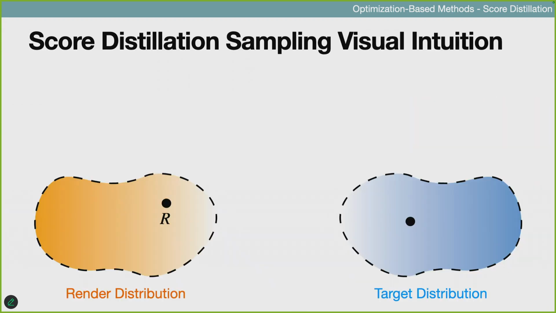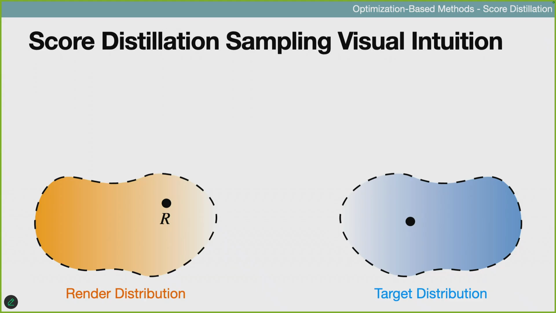So let's quickly walk through a visualization to try and get an intuition for how this works. Again, first I want to say this is a slightly simplified version of SDS. I'm not talking about time steps or noise schedules or conditional targets here. But for now, let's just say we start with a render of our 3D representation R. That's going to be in our source distribution.